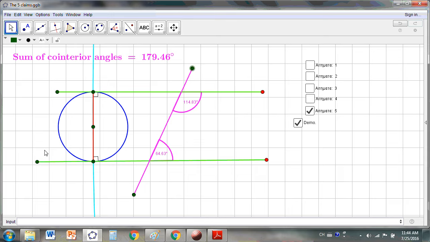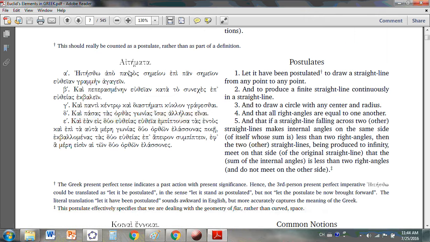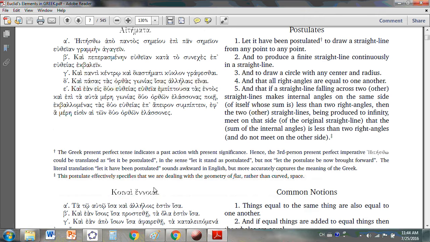And those are the 5 claims that were made by Euclid. They were not postulates or axioms. In fact, the word axiom doesn't appear anywhere in the ancient Greek, and the translation of the word etimata into postulates is completely wrong. Also, kimi emia means common meanings.